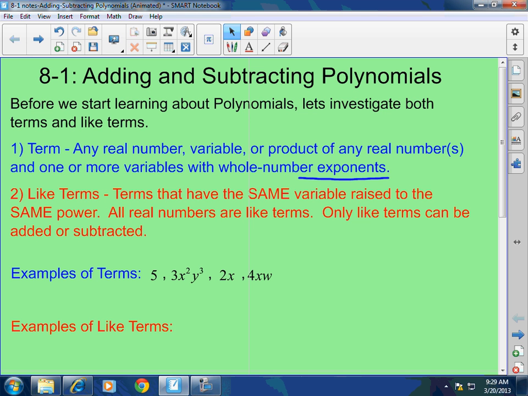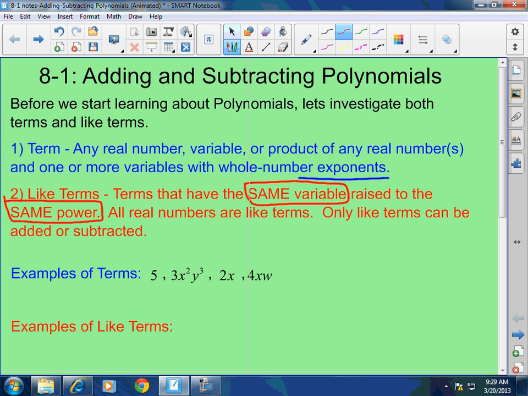Like terms, kind of like the apples and the pear example: you cannot add or subtract any terms unless they are like terms. And in order to be like terms, they have to have the same variable raised to the same power.